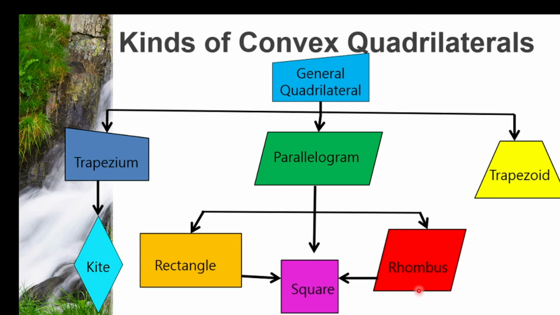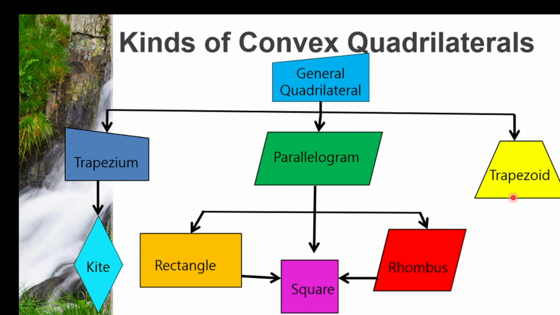Rhombus, however, has 4 equal sides, while a square is said to be both a rectangle and a rhombus, aside from being a special parallelogram. Why? Because a square has a characteristic of a rectangle, which is 4 right angles. Likewise, a square is also a rhombus because all the sides of a square are congruent.